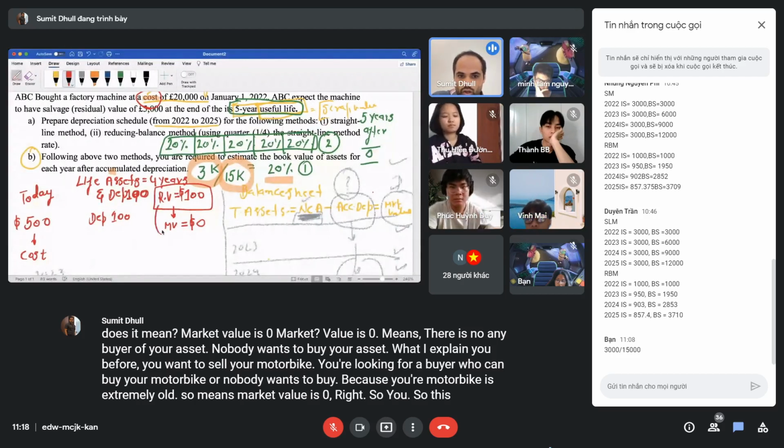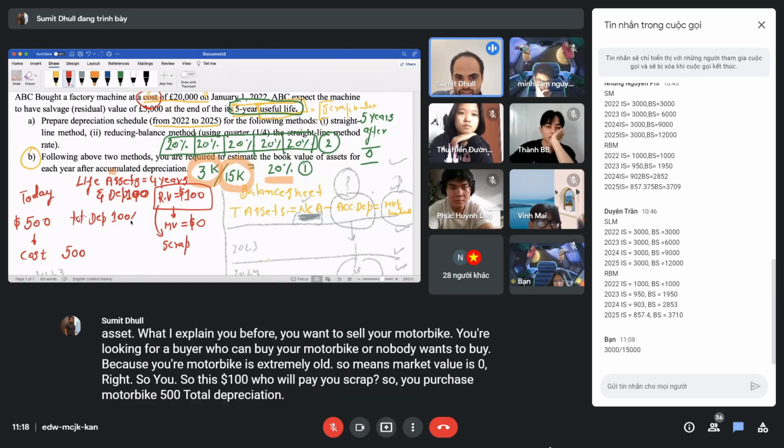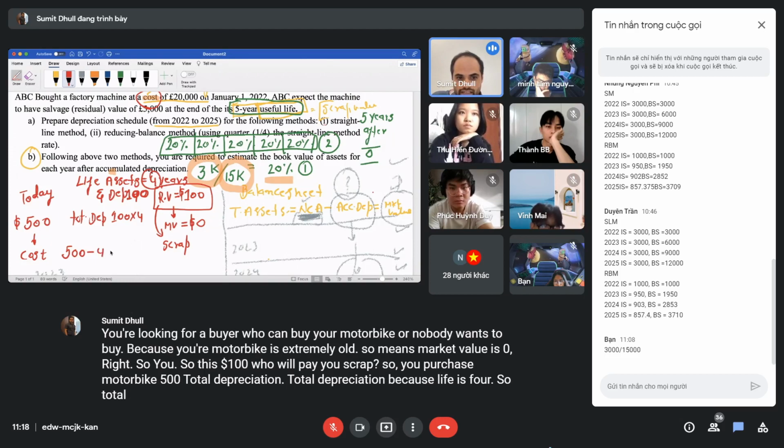This $100, who will pay you? Scrap. So you purchase the motorbike for 500, and because life is 4 years, total depreciation is $400 and scrap value is $100.